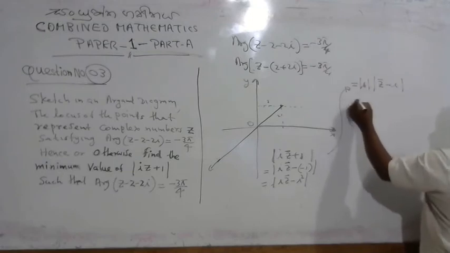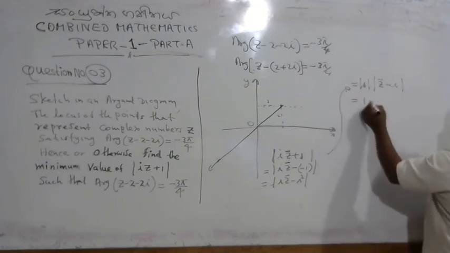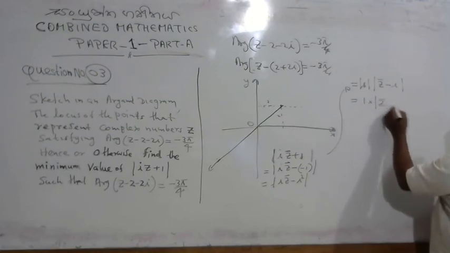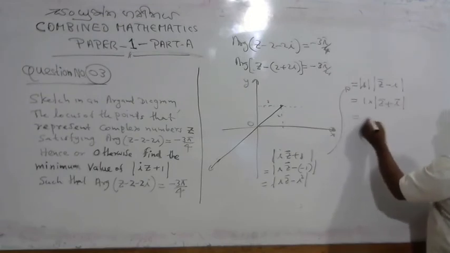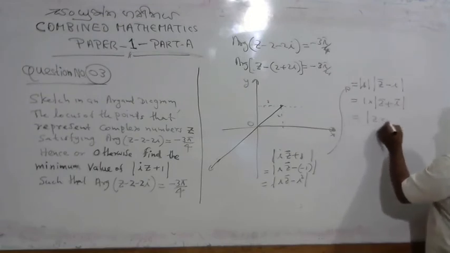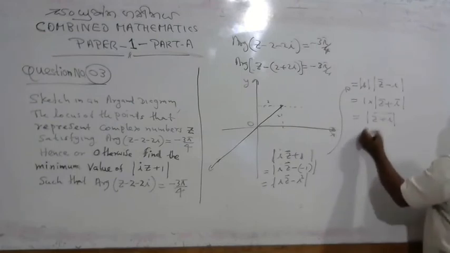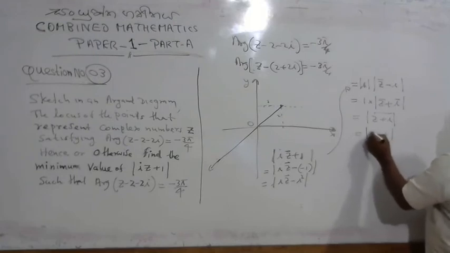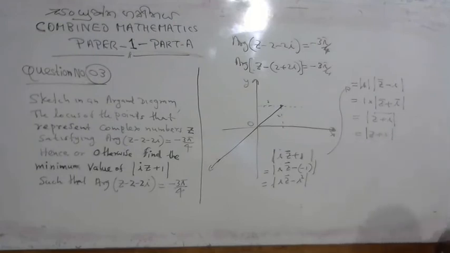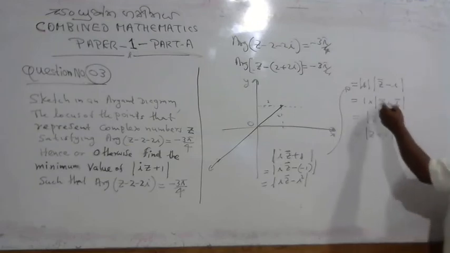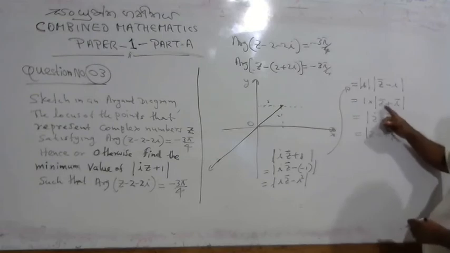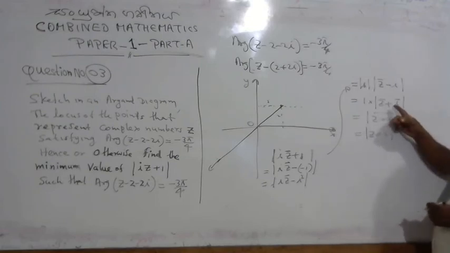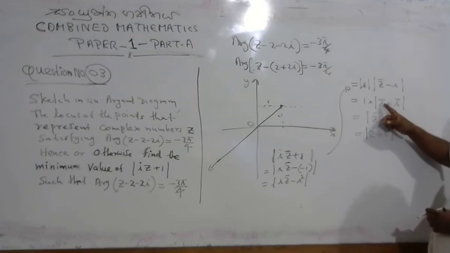The modulus of i is 1. So this is |z̄ − i|. So you can put this as the bar of the whole thing, this equals |z + i| whole bar, which equals |z + i|. So you can use some identities in complex numbers. You know that the conjugate of a sum of two complex numbers equals the sum of the conjugates, so you can apply the conjugate separately.